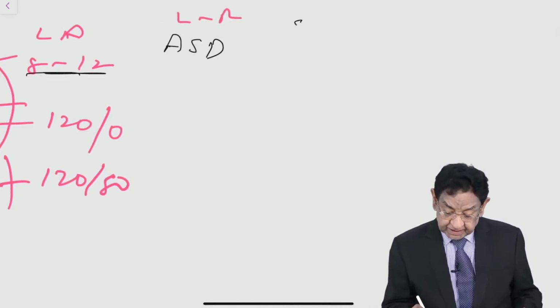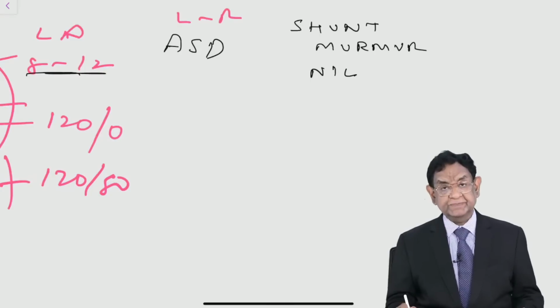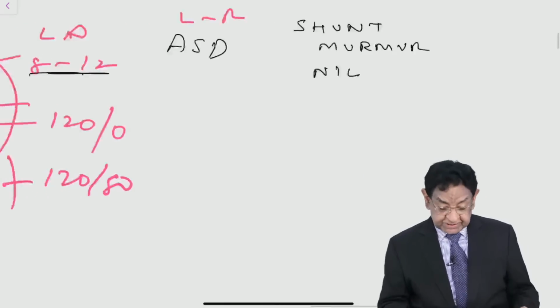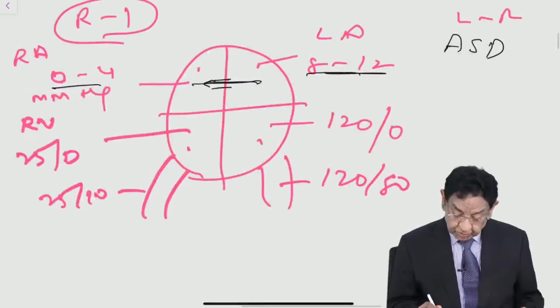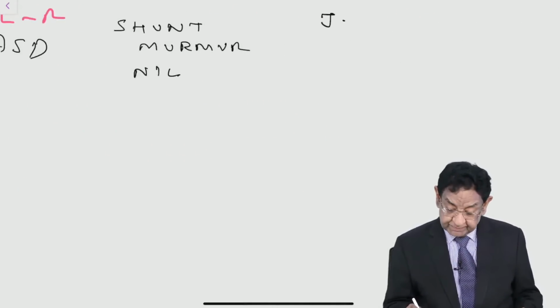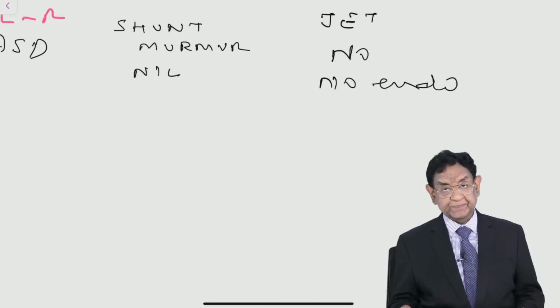So shunt murmur: nil. There is no shunt murmur. And what about jet formation? Since the blood is going very slowly, there is no jet phenomenon, so no endocarditis. That's why there is no endocarditis.